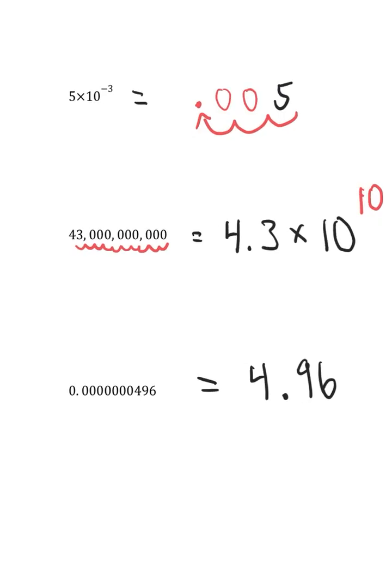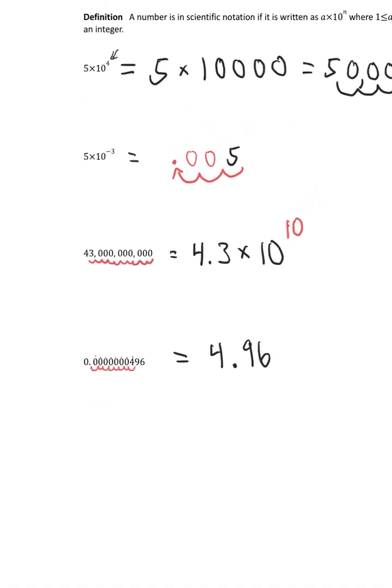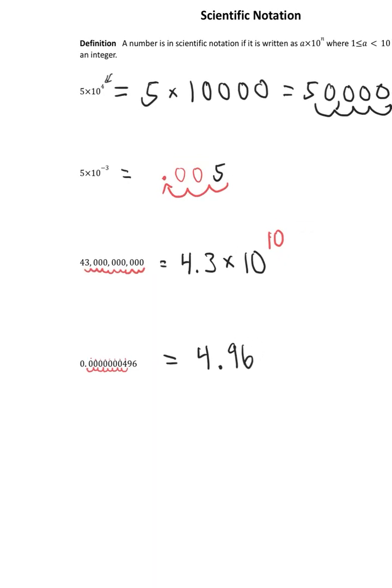So I'm thinking this moved 1, 2, 3, 4, 5, 6, 7, 8 places. And so if I count that up, just to be sure, I got 1, 2, 3, 4, 5, 6, 7 zeros, right? And then the 8th place is to get it past the 4. So this would be 4.96 times 10 to the negative 8.